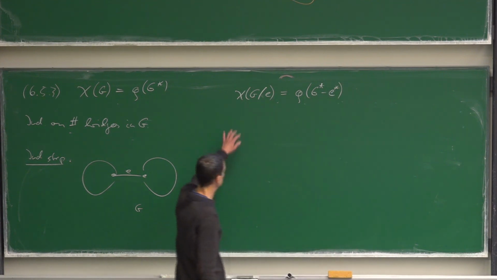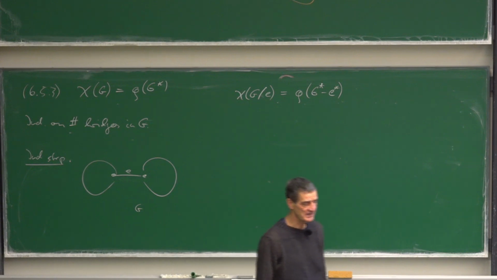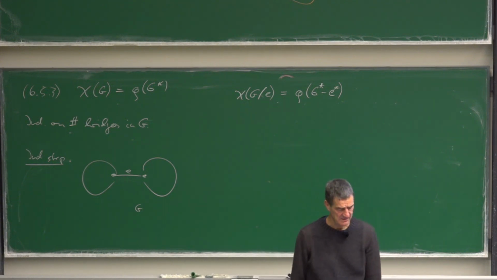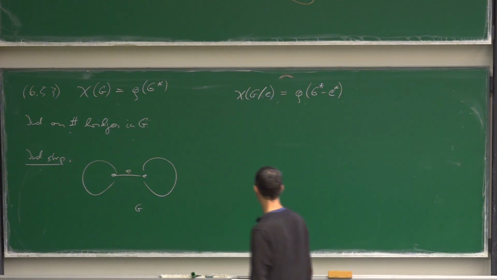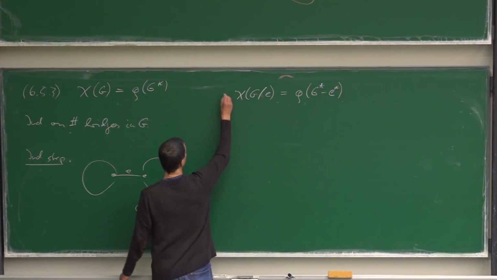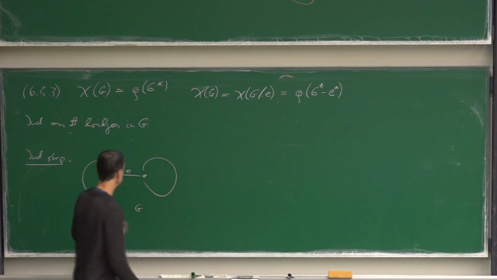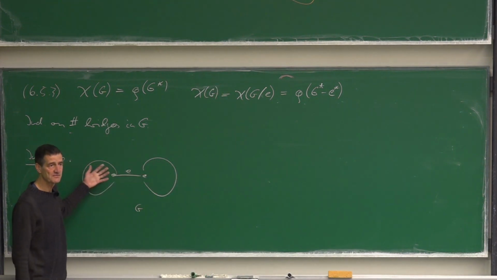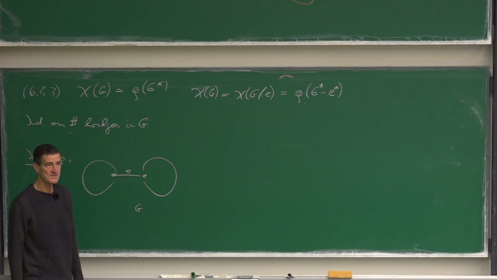And I've just told you that contracting the edge E doesn't change any cycles, and neither does it change the chromatic number. So what's the chromatic number of this graph? It's the maximum of these three chromatic numbers.